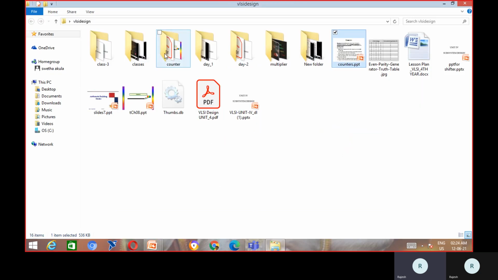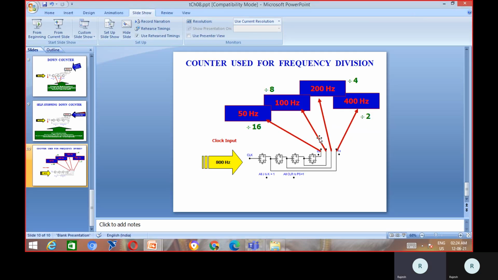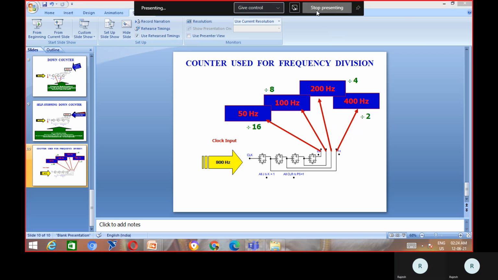And the fourth flip-flop output is divided by 16, it is 50 hertz. So like this, we have designed synchronous and asynchronous counters, where we can see that it counts the number of clock pulses with respect to the clock applied, whether it is asynchronous or synchronous.